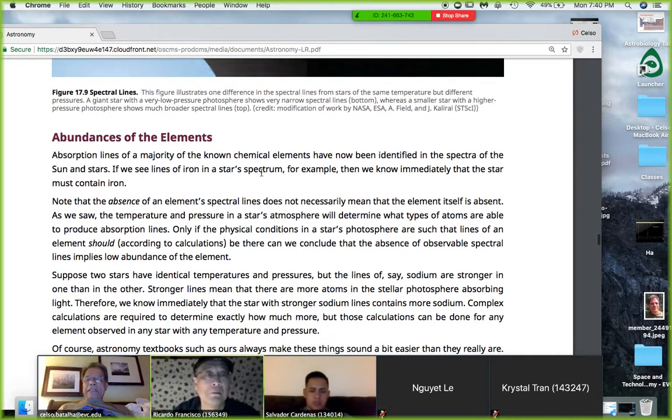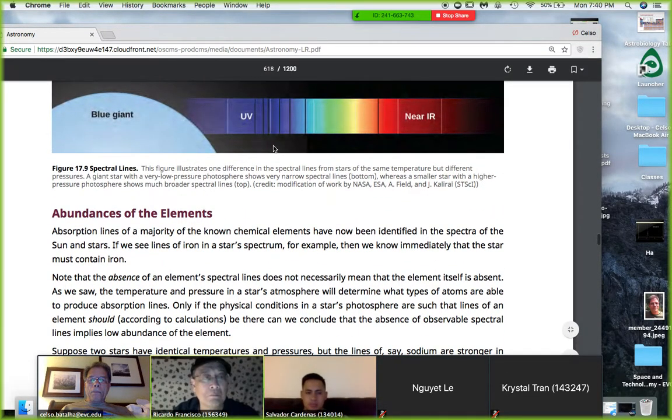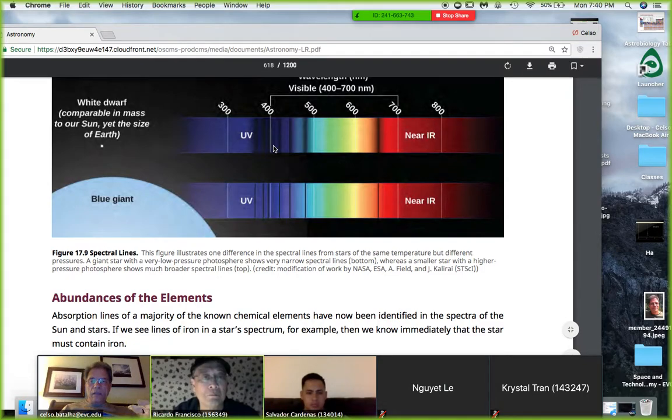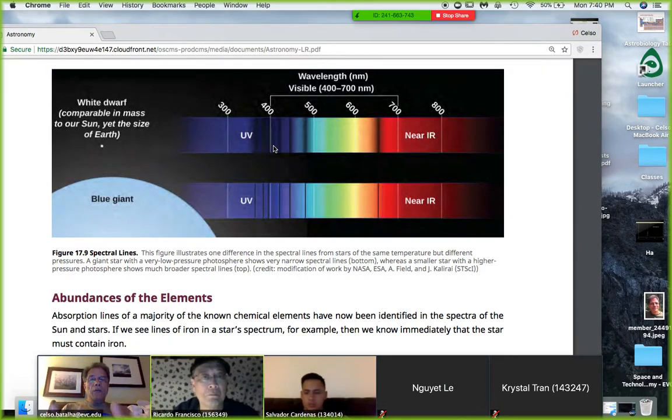Now, abundance. How can we discuss metallicity or abundance of different types of stars by studying in detail these little gaps? We are not doing that in this class, because what is your job here?